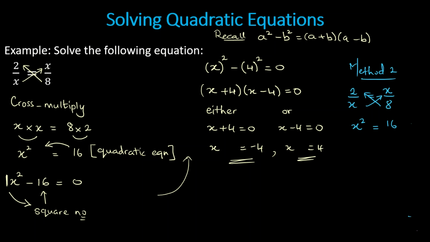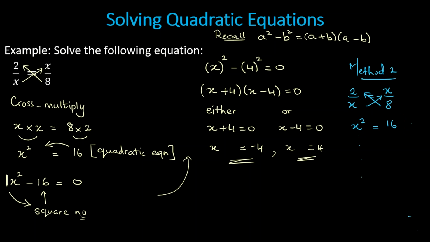If you recall from your knowledge of grade 8, the chapter of square root and Pythagoras theorem, you had questions like this: x squared equal to a square number. Then how did you find x?